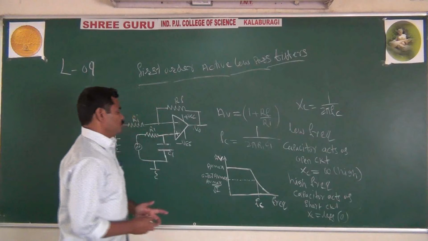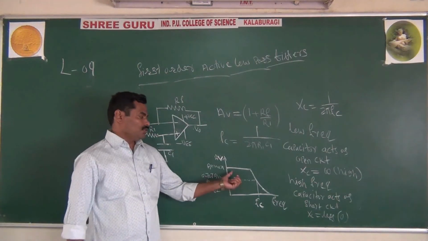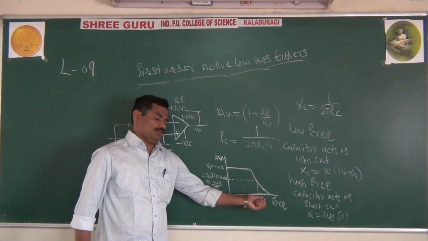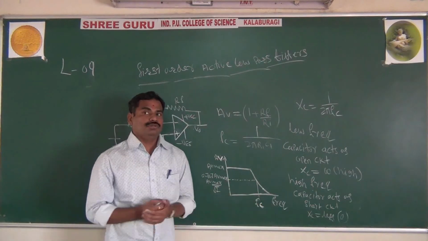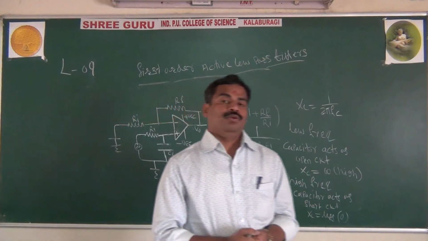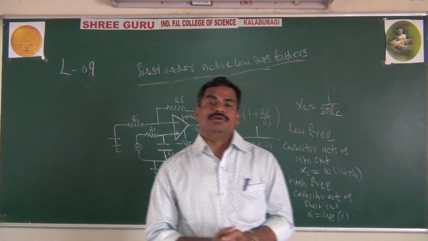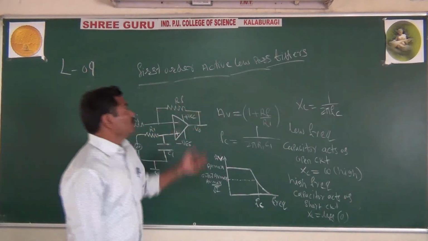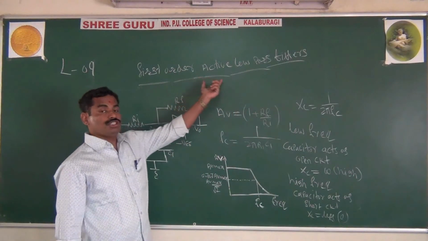Because of that reason, it only allows the low frequencies and it attenuates most of the high frequencies. This is in general about the working and construction of your first order active low pass filter.